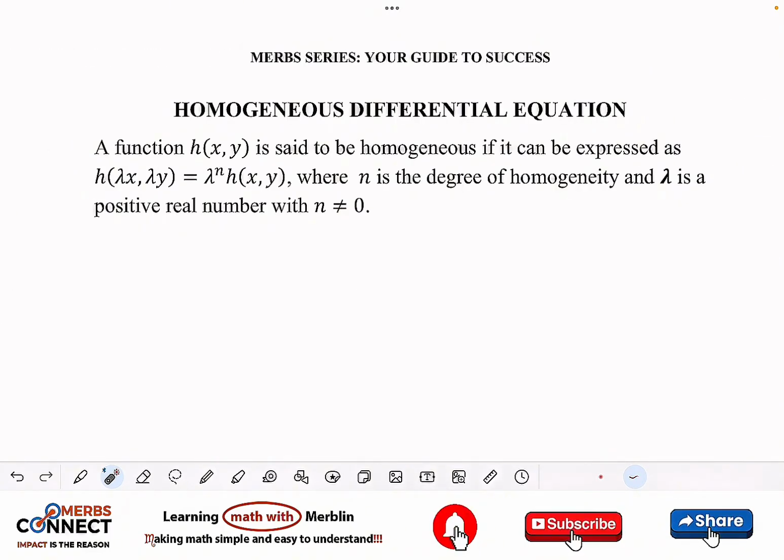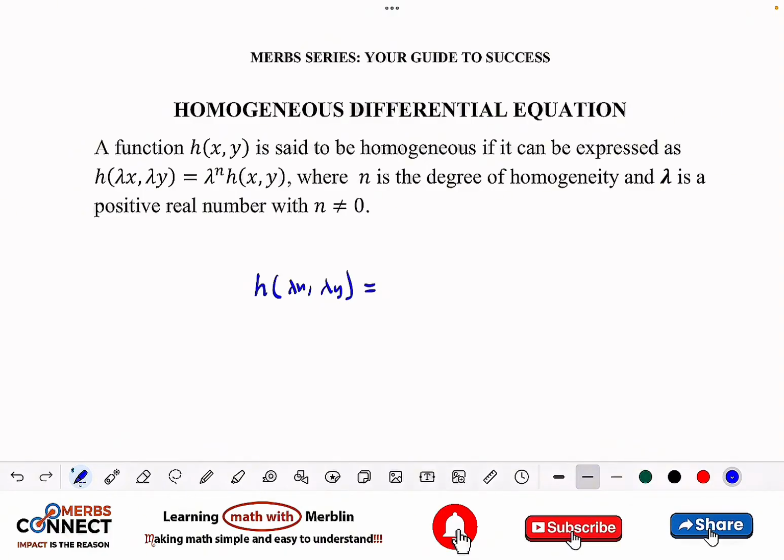Now it's very simple with homogeneous differential equations. The idea is that we have a function, and we say that this function is homogeneous if we can multiply x by a scalar and multiply y by a scalar, or a real number, such that when I'm done multiplying, we can factor the scalar out, which will come with a degree, and then I will have my function back.